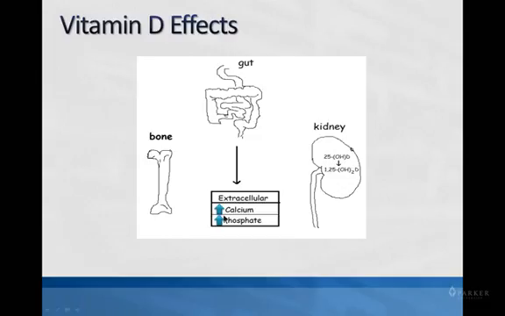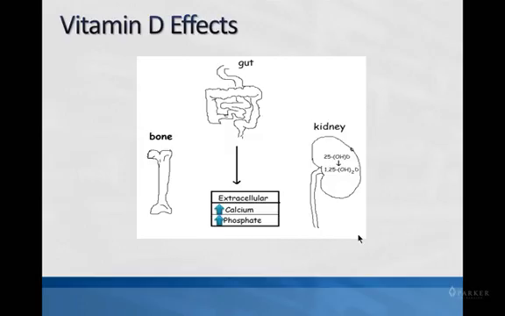In the bone, large amounts of vitamin D will promote absorption of calcium. And I should say resorption. Large amounts of vitamin D will resorb bone because it increases the transport of calcium through the membranes.